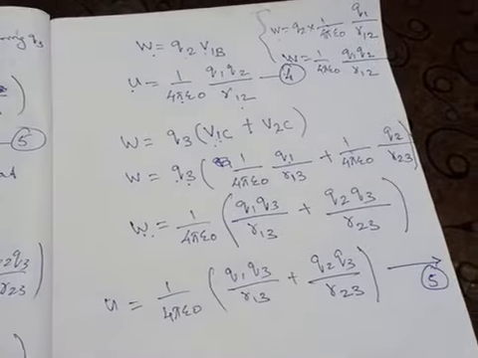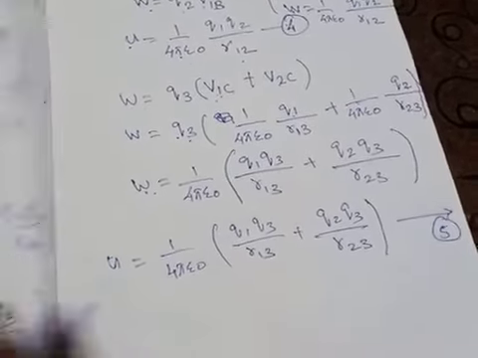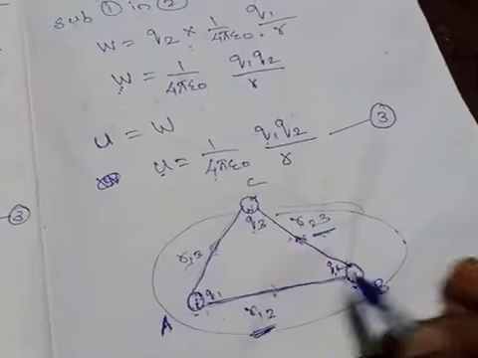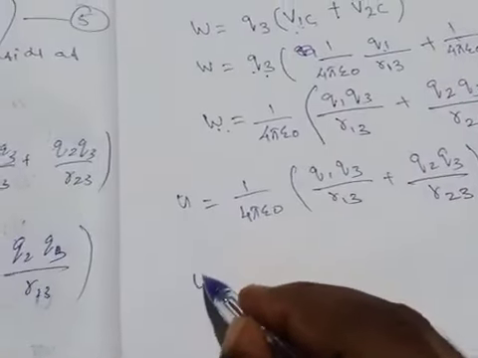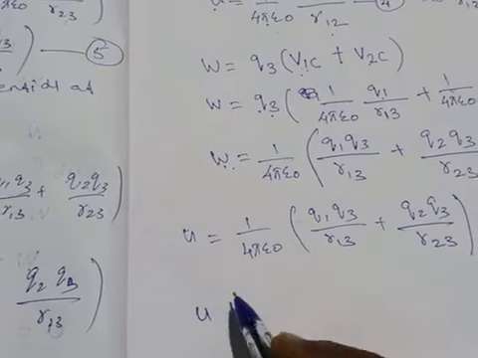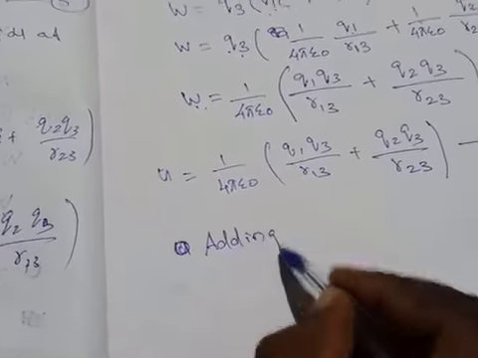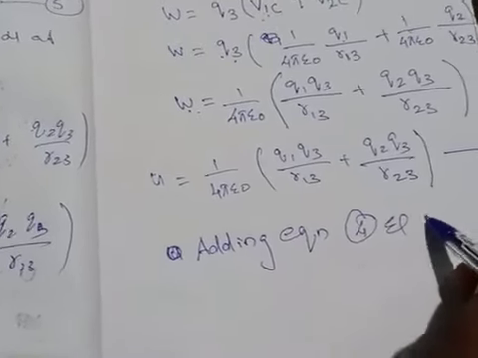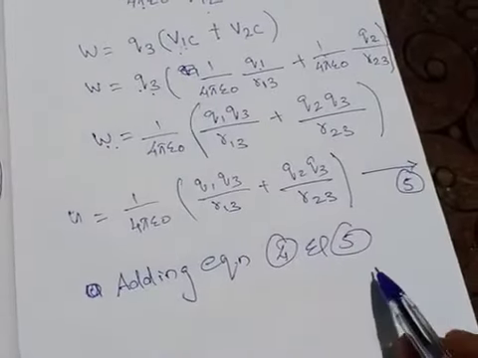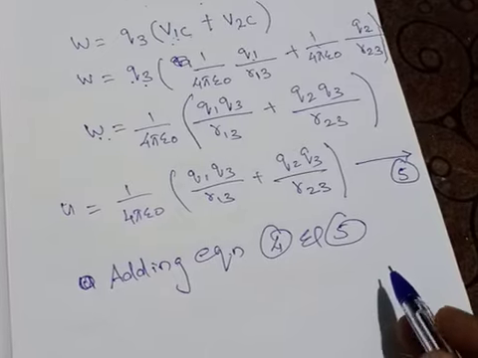Now the total electrostatic potential energy for this system, for all these three point charges Q1, Q2, Q3, the total potential energy we can find out by adding equation 4 and 5. So adding equation 4 and 5, we will get the total electrostatic potential energy.